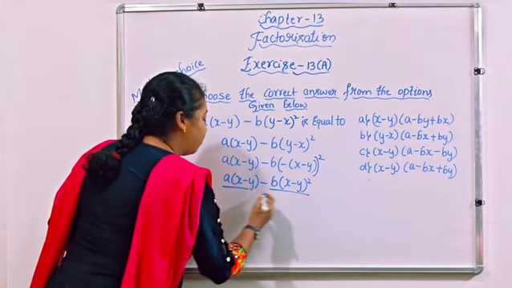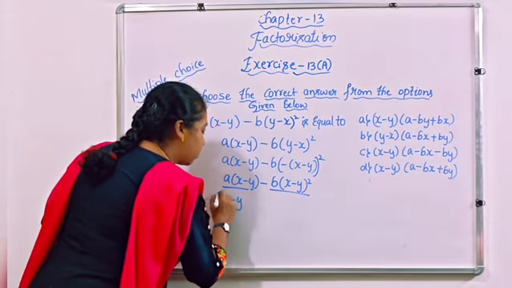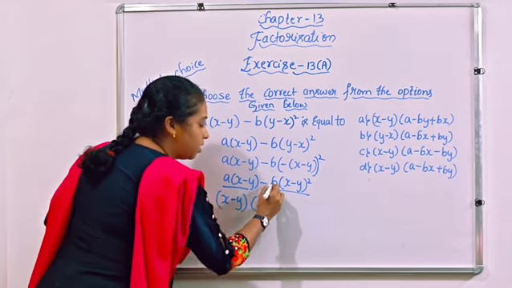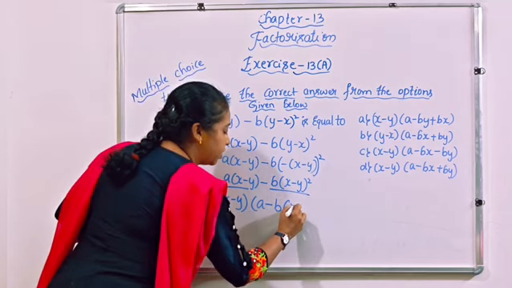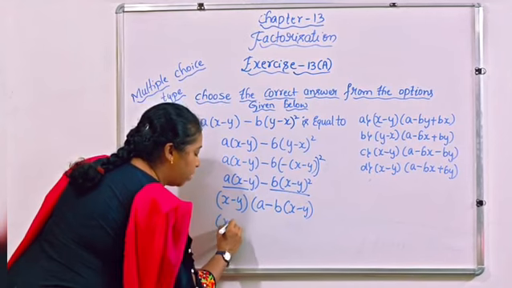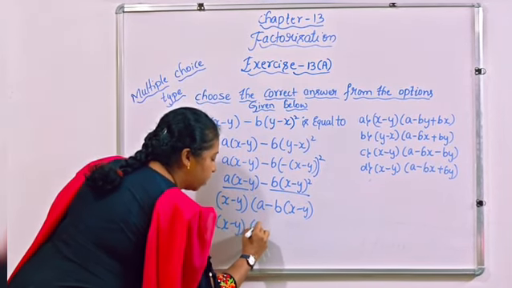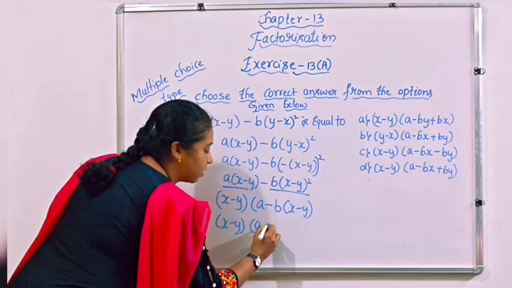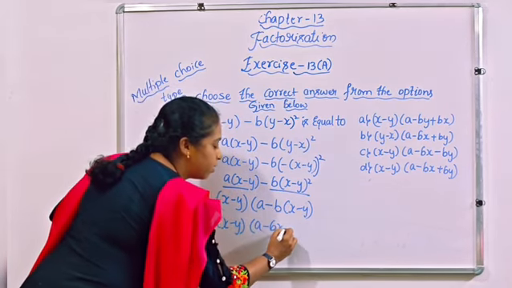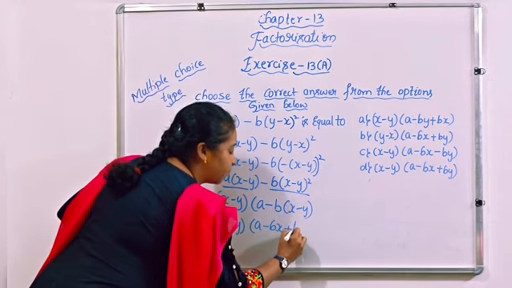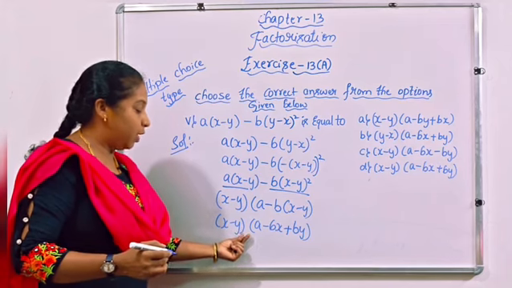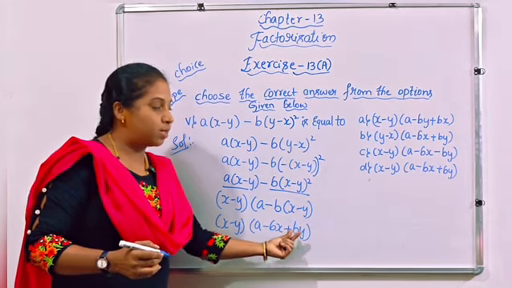Yes, obviously. If I take x minus y common, what is left over is a, minus b, and the remaining x minus y. Then common x minus y, a minus b into x minus y gives a minus bx, and minus into minus plus by. So x minus y into a minus bx plus by.